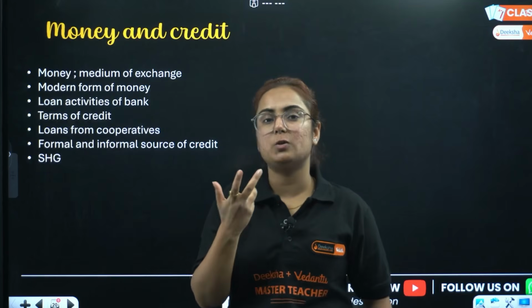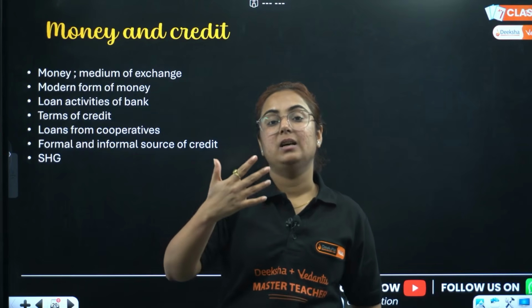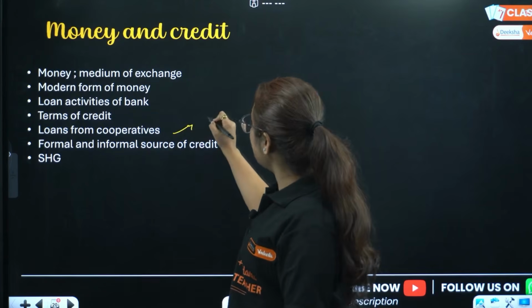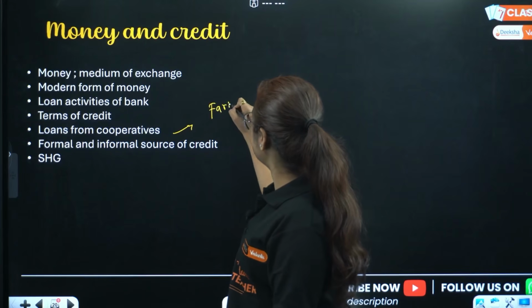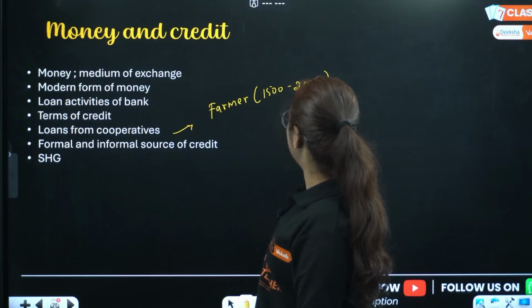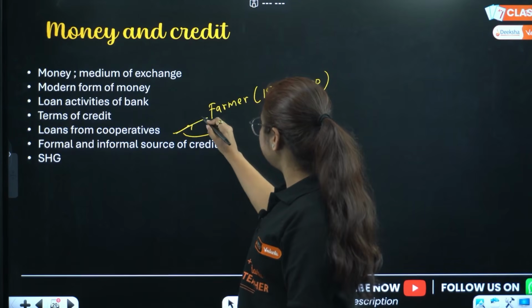Group of people is also basically what we can say credit body that gives credit. So here, there is a particular group of farmers, some 1500 to 2000 people. They made a group and did what?